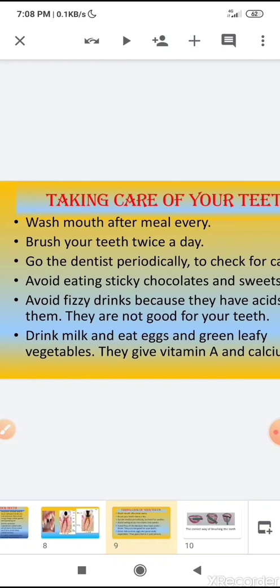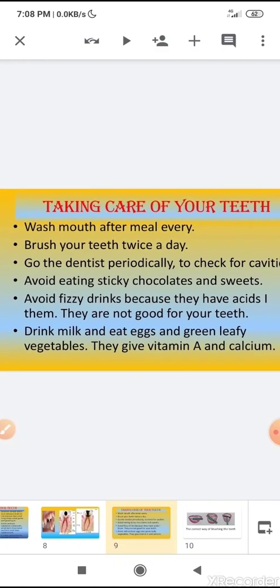The next point is avoid fizzy drinks because they have acid. And now you know that acid is a harmful substance which harms the enamel and forms a small hole called a cavity. They are not good for your teeth. So just avoid fizzy drinks.